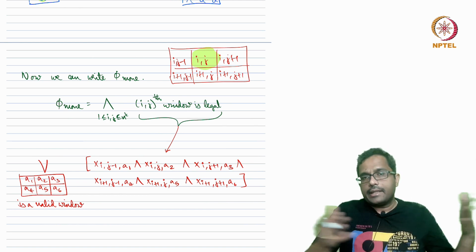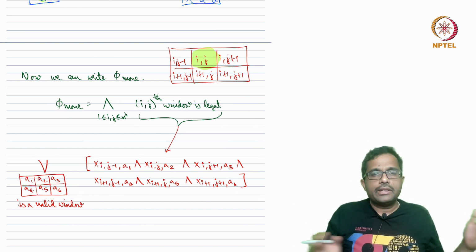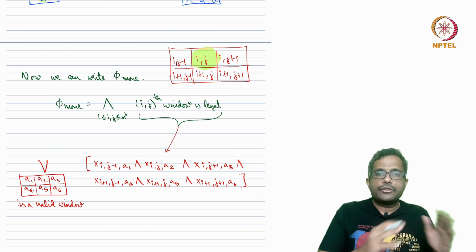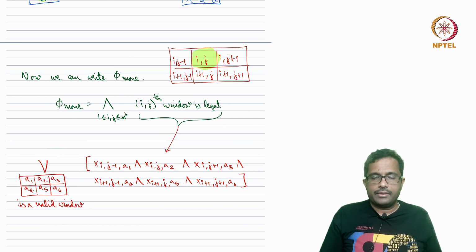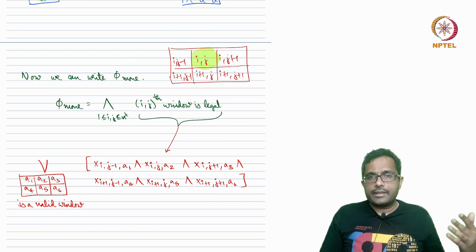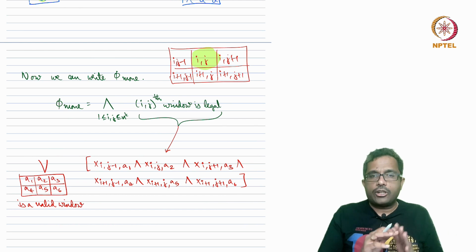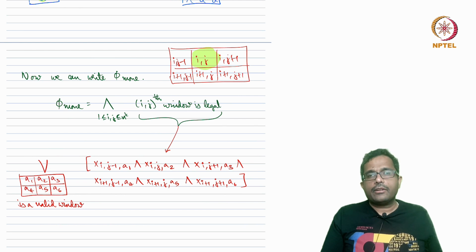Maybe there are 1000 valid windows, so we need this OR to run over all 1000 valid windows, right? Maybe there are 10,000, maybe 1 million valid windows, but it's a constant that is independent of the length of the input. It will not change if the input is longer or smaller, right?